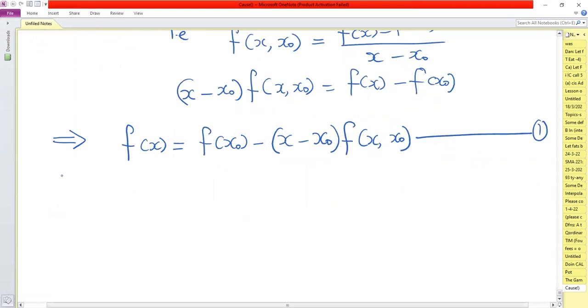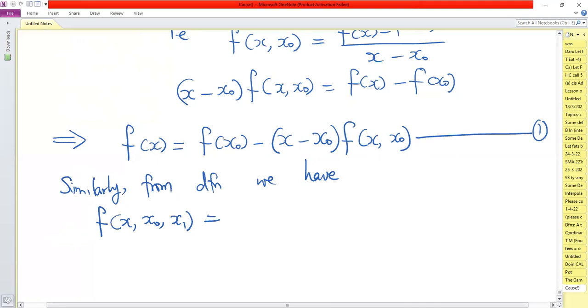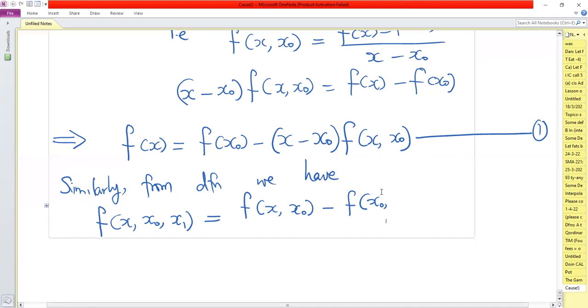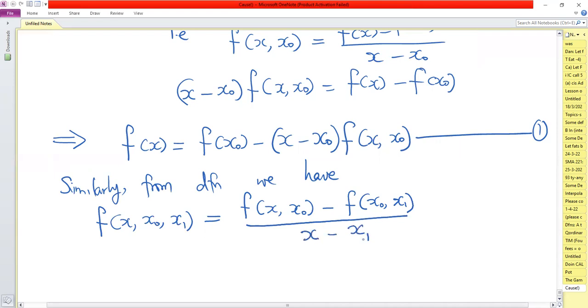Now similarly, from definition, if we define the second divided difference of the arguments x, x naught, and then x1, we get the first divided difference of x and x naught minus the first divided difference of x naught and x1, divided by x minus x1.